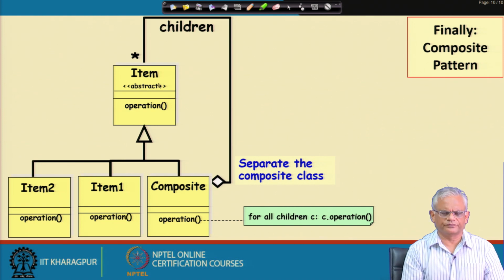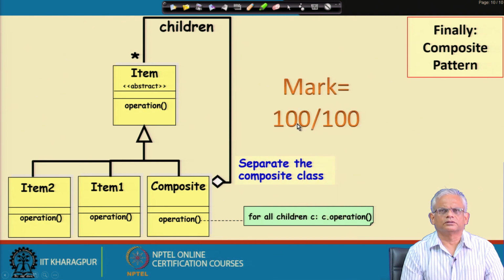And this exactly is called the composite pattern. Here an item can contain many primitive items, or it can contain some primitive items and some composites and so on. So, this is the solution that we required, and this is called the composite pattern.